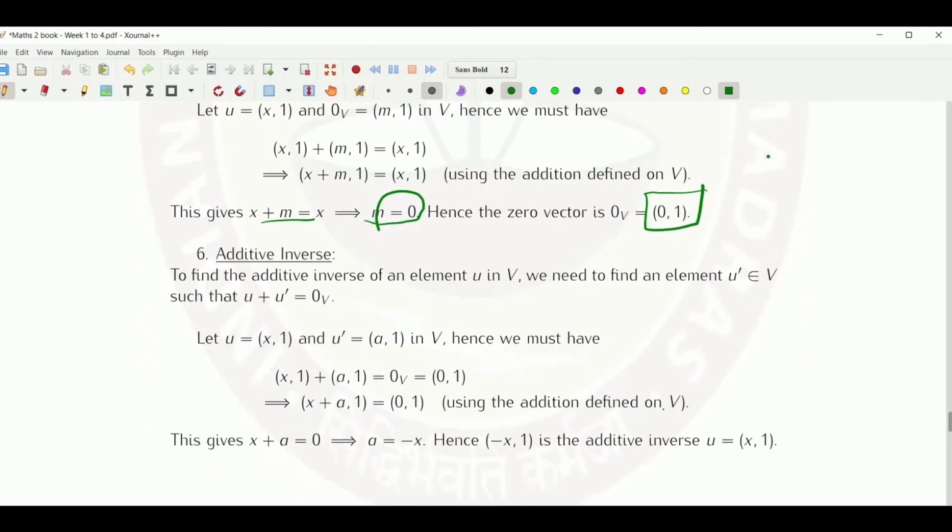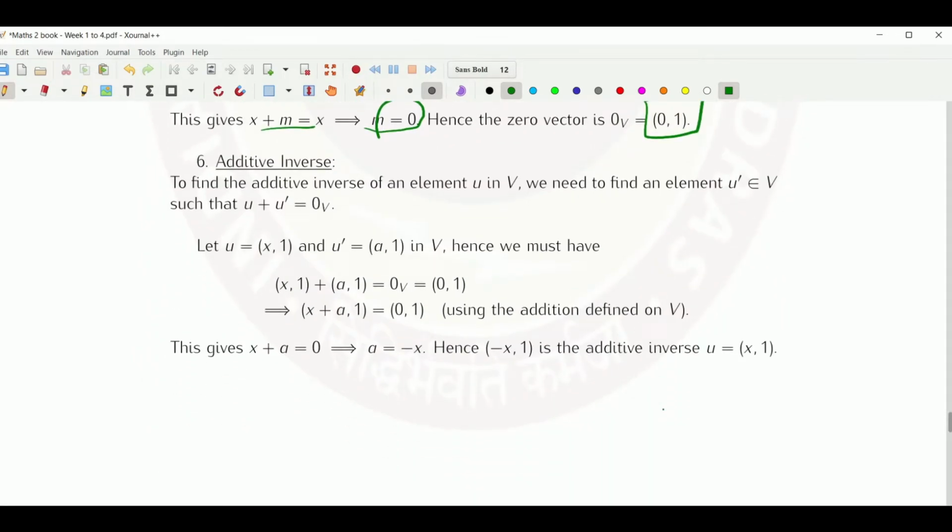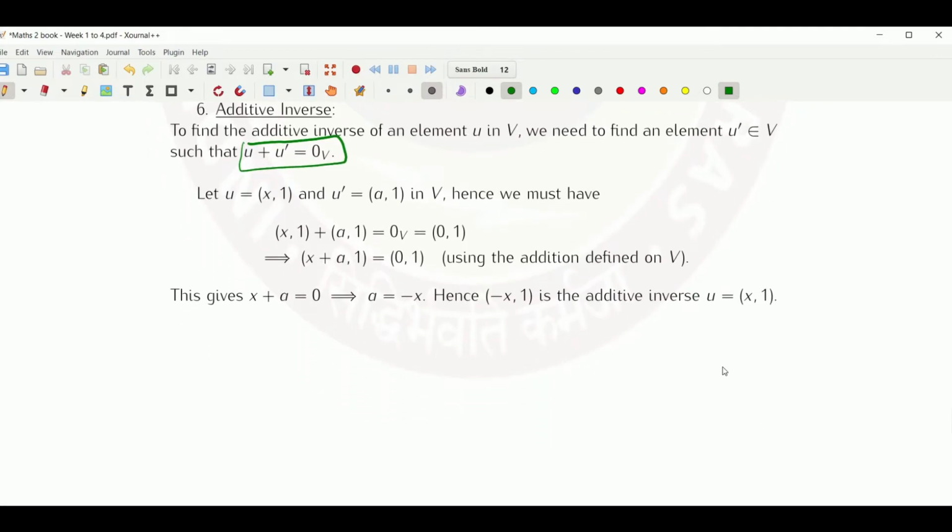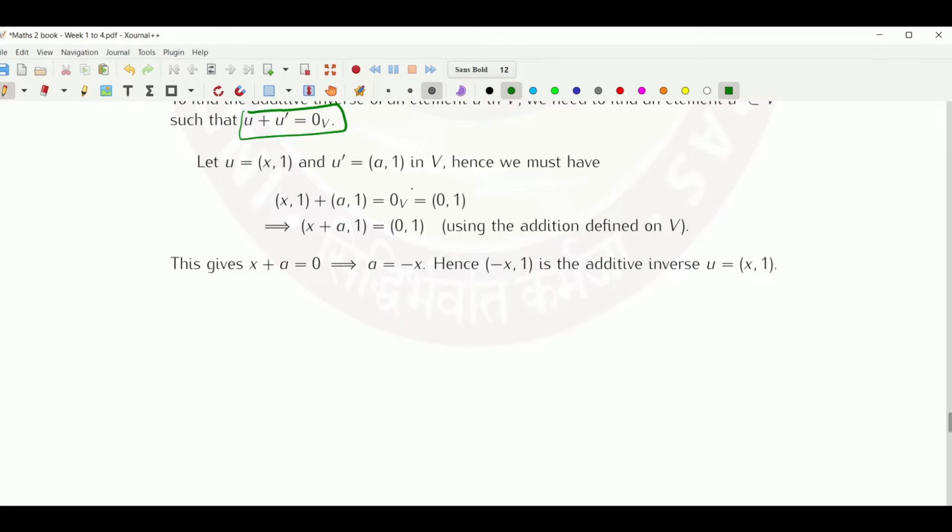Additive inverse. To find the additive inverse of an element u in V, we need to find an element u prime belongs to V such that u plus u prime is equal to 0 vector. Let u is equal to (x, 1) and u prime is equal to (a, 1) in V. Hence we must have u plus u prime equal to the 0 vector, that is (0, 1).